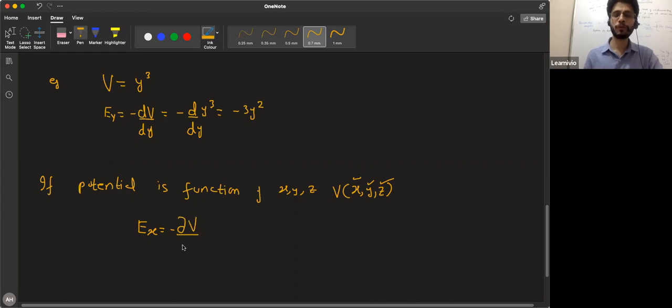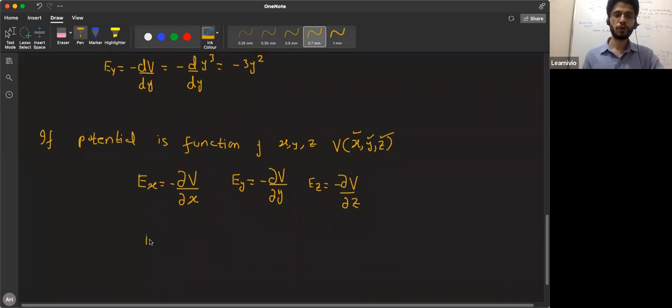So x component of field is minus of del v over del x. Y component of field is minus of del v over del y. Z component of field is minus of del v over del z.